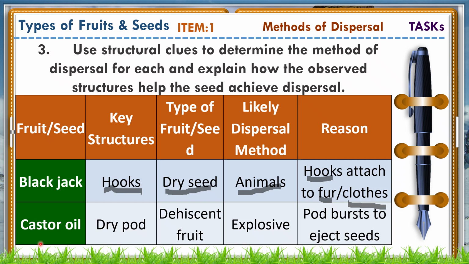Then the castor oil, the key structure is the dry pod. Type of fruit, it is a dehiscent fruit, a fruit which opens when it is dry. And the dispersal method is explosive. The pod bursts to eject seeds.